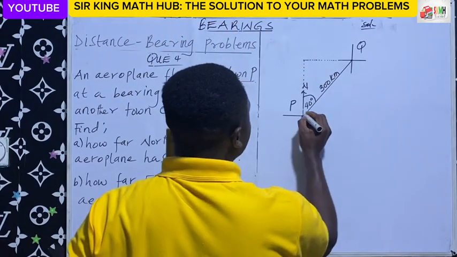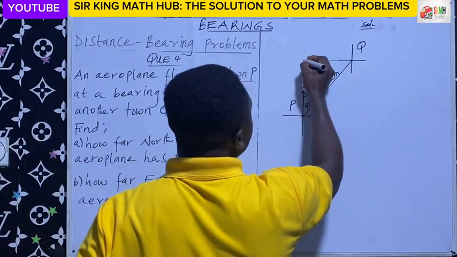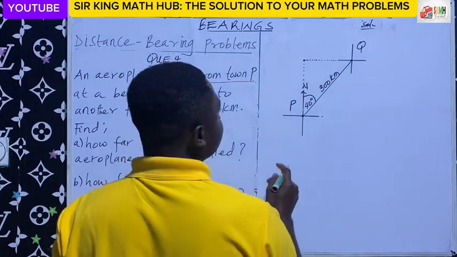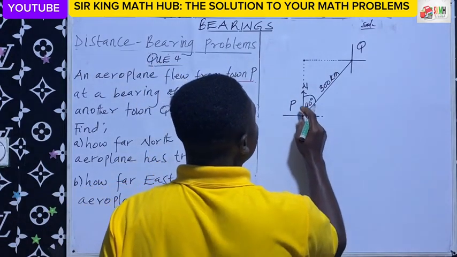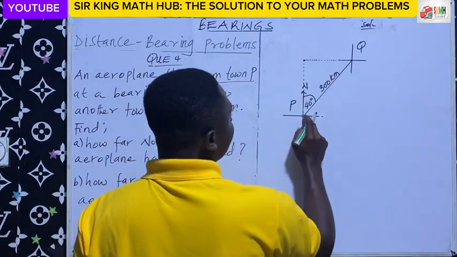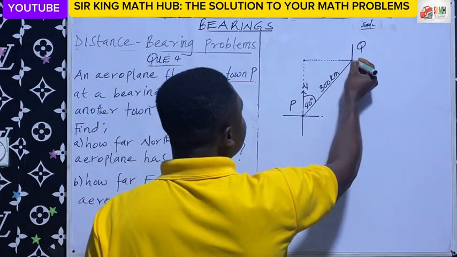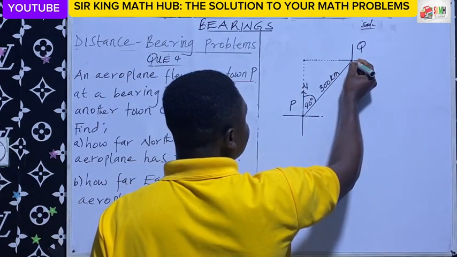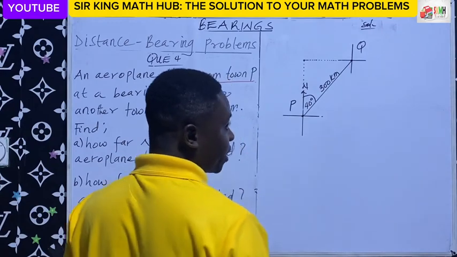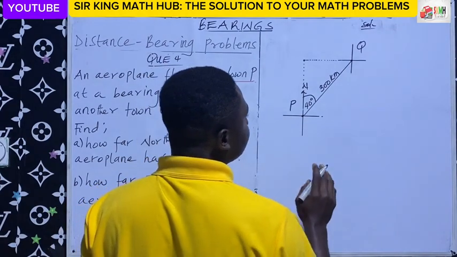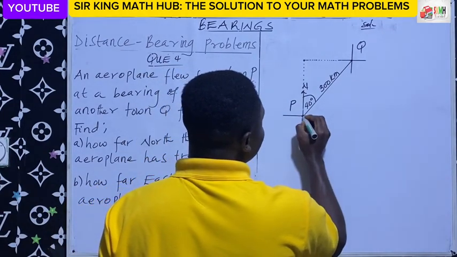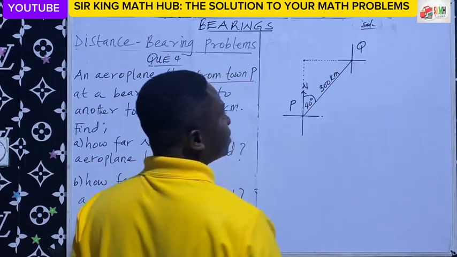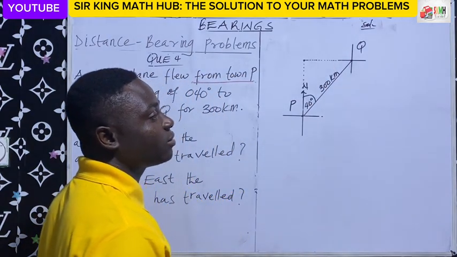So this height here, from P to this point, that is how far north the aeroplane has traveled. Although the aeroplane is currently located at town Q, for how far north it has traveled, that is the distance from P to this point.